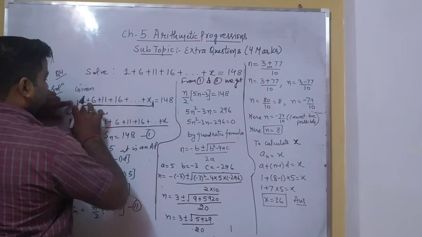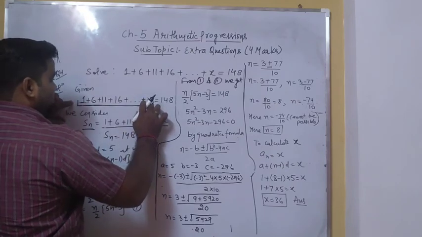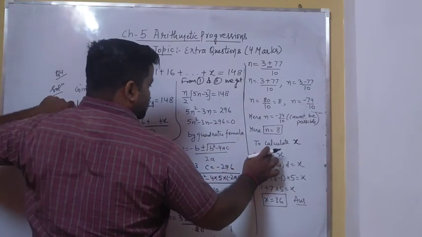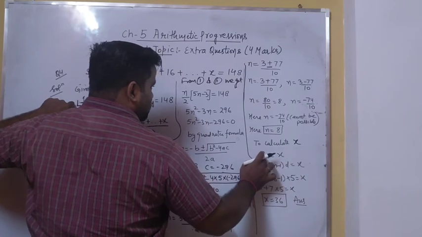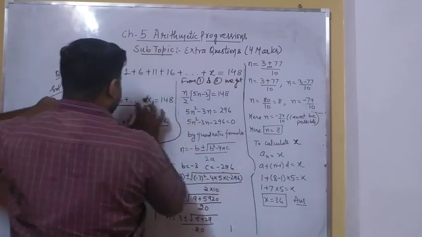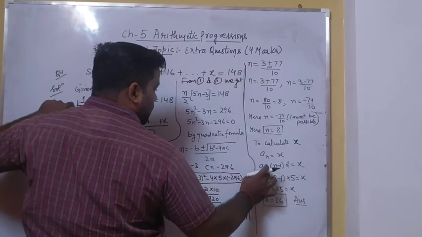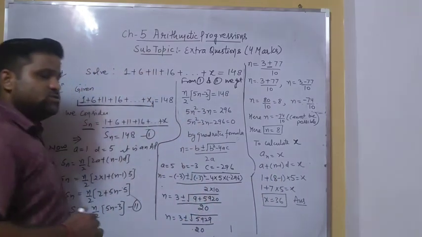Here, coming again to the series, the last term in the series is x, so it is equal to an. So the nth term of that series is an equal to x. We know that the nth term of an AP is given by a plus n minus 1 into d, because this series is an AP, which we have proved. On putting all the values of a, d, n, we get the value of x equal to 36, which is the required answer.